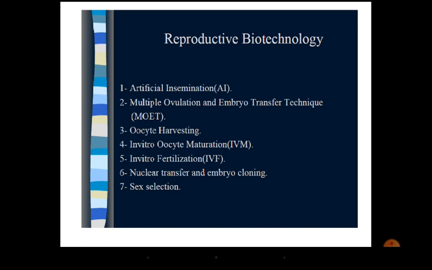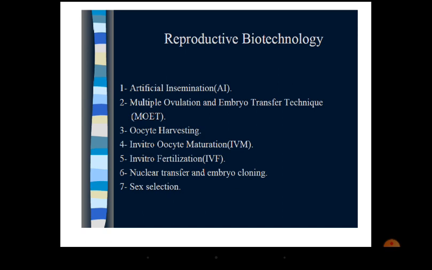Important in genetic terms, the advantage is you will produce more progeny in MOET compared to conventional breeding or reproduction methods per female. In AI, it is the male component that is exploited. In MOET, it is the female component that is more exploited. So you'll be able to produce more progeny per dam.